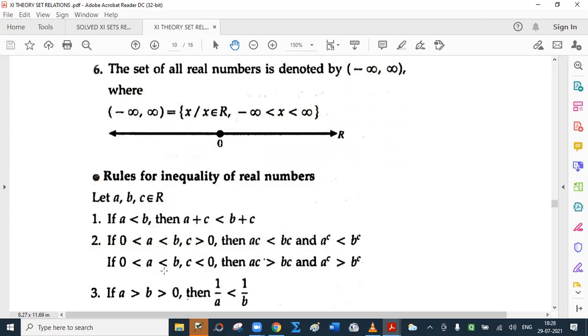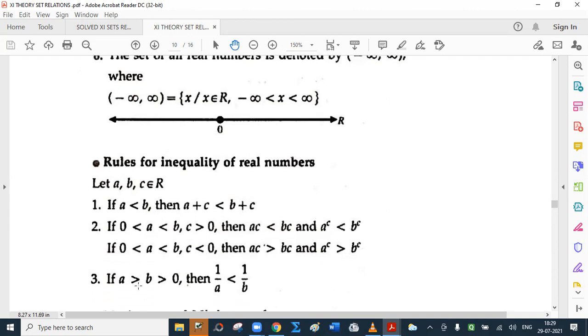If multiplied by a negative number, then the inequality reverses. If a is greater than b greater than 0, then if reciprocals are taken, the inequality reverses.